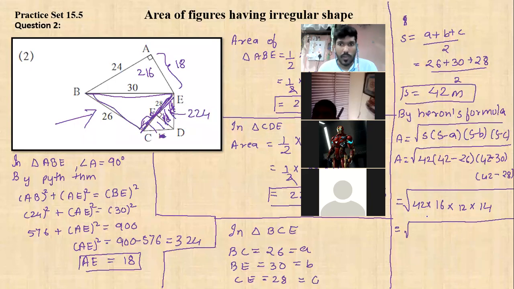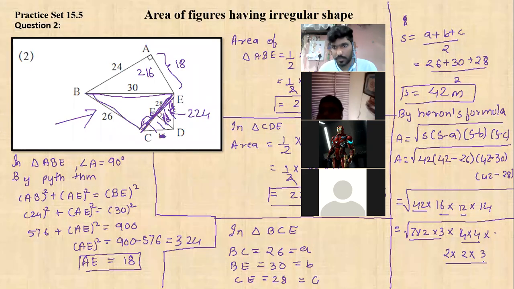Prime factors of 42 will be 7, 2 and 3. 16 you can write as 4 into 4, 12 as 2 into 2 into 3, and last for 14, 7 into 2.